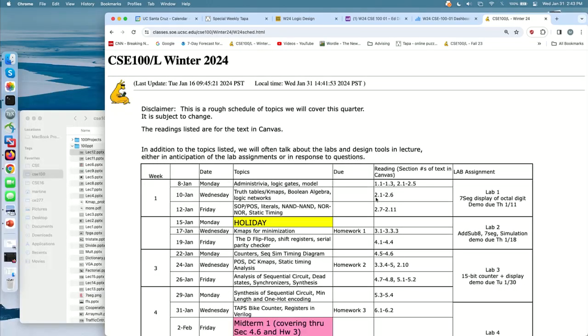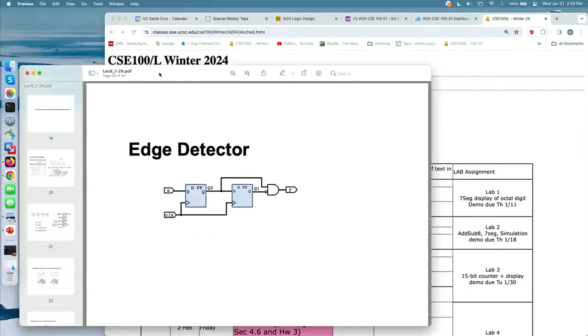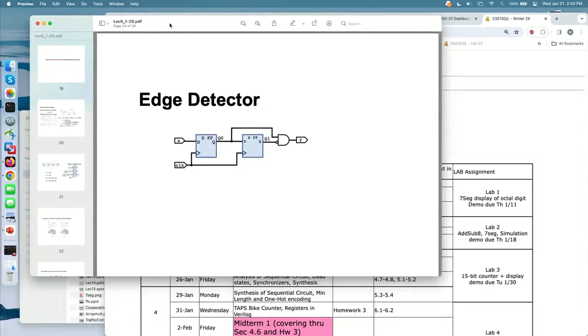No other questions? Okay, I know I've been helping a bunch of people. I do want to make sure everybody understands what an edge detector should be, because this is a fundamental component you'll want in future labs as well. An edge detector only needs 2 flip-flops. You do want this flip-flop here because otherwise you'll have some transients from the external input going up and down affecting Y. So you want both these flip-flops.